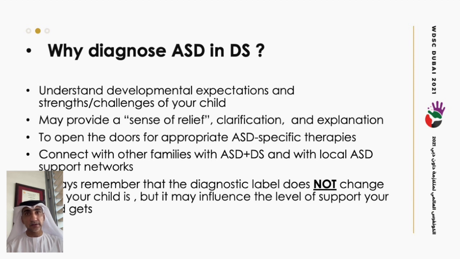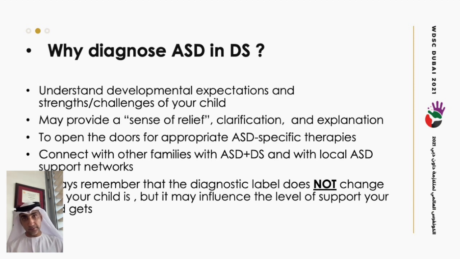And finally, it is also important to remind ourselves what the goal of the assessment is. It's not just to put a label on the child. It's not just to put a diagnosis in place. It is actually to try and understand this child, understand the unique strengths that this child presents with, as well as the difficulties, in order to put a personalized, tailored plan in place.